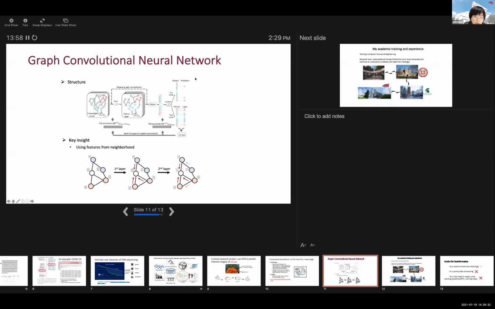This shows the structure of our GCN network, and this is a key insight. Compared to CNN, which you are probably more familiar with, GCN has the advantage of integrating neighboring nodes into the structure. For the CNN, the structure is the same for all the nodes.